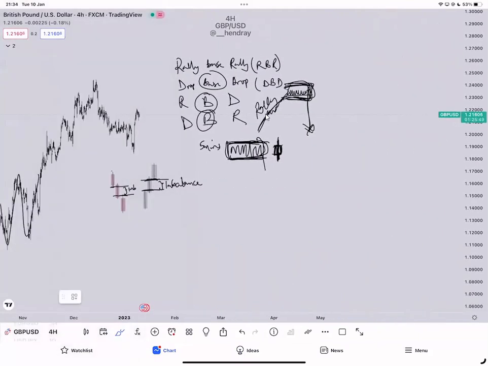So let's say, for example, you see a drop, which is a bearish candle, and then you now see a base, let me redraw that. Okay, so let's say you see a drop.